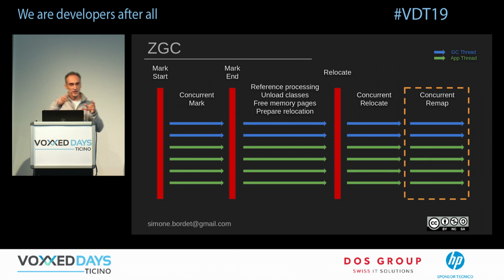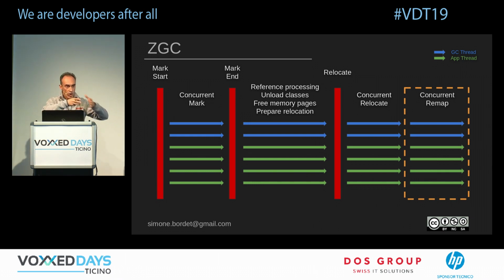Eventually, because I have moved all the objects into a different page, the other objects that are pointing to the one that I moved still point to the old place, right? And so the last phase of the garbage collector is to basically navigate again through the object graph and repoint, rewriting all the pointers to the new places where the new objects have been copied, okay?